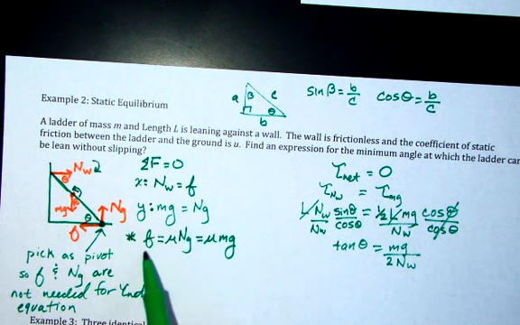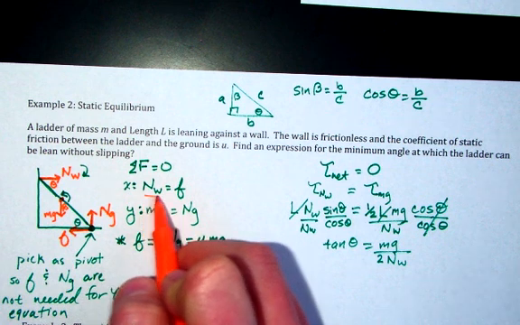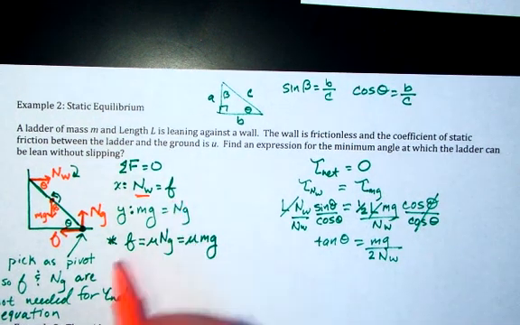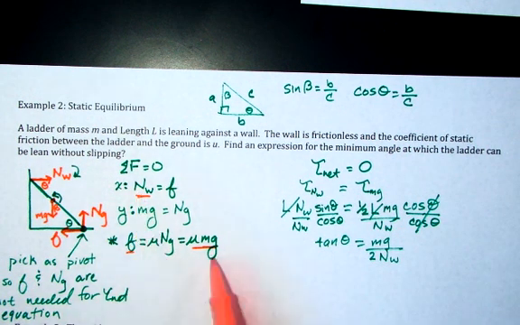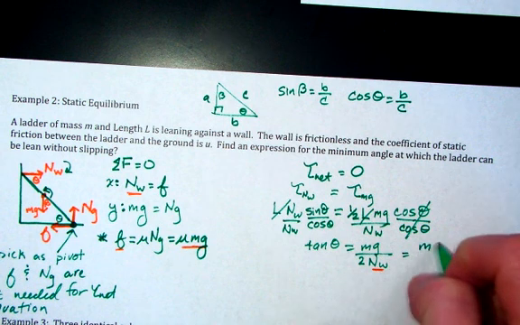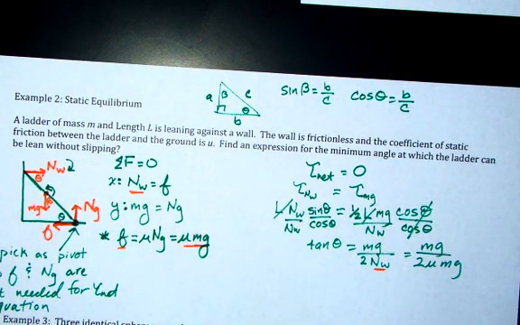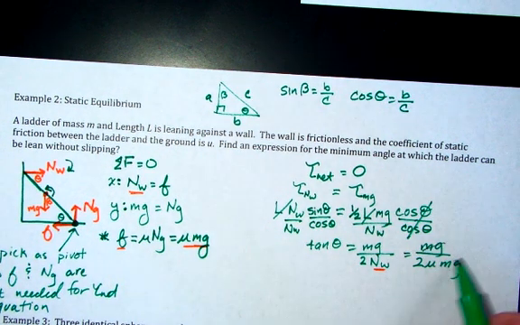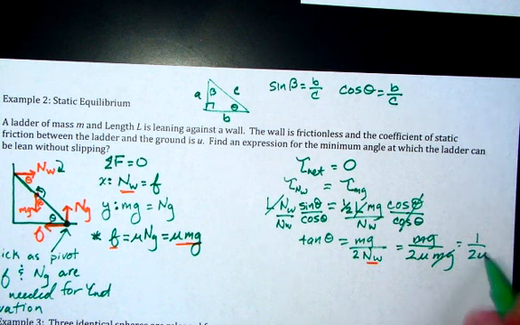But friction equals mu mg. So now we're just going to do a substitution. The normal force of the wall equals friction, and friction is mu mg, so we put the normal force equals mu mg over here. This becomes mg over 2 times mu mg, and then obviously what cancels out? The mg's. And so I'm left with 1 over 2 mu.